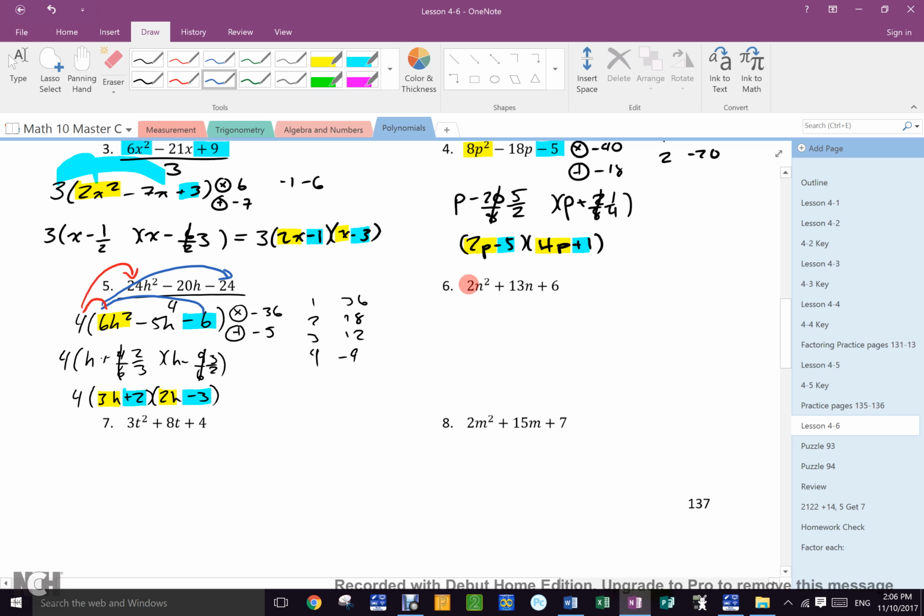What do I do with 2 and 6? Times them. Multiply to 12, add to what, Tasha? 13. Is it 1 and 12? Yeah. So it's n plus 1, but it's not plus 1.